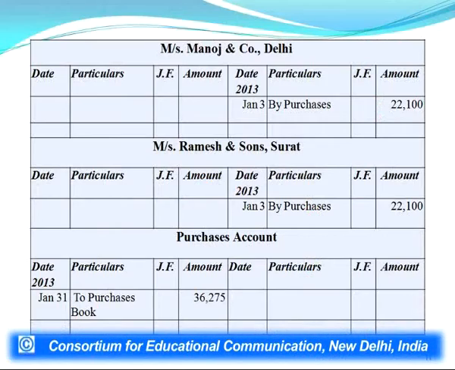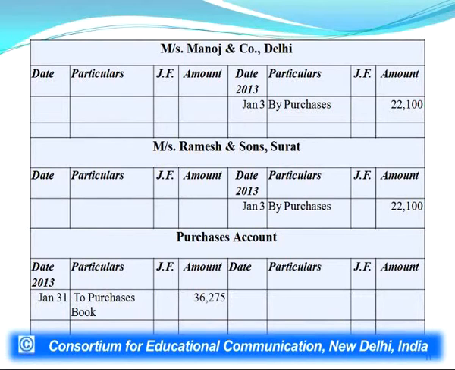So, we have to prepare here the accounts of Manoj and Company, Ramesh and Sons, and the purchases account. You see, Manoj and Company, Manoj is a supplier. So, on the credit side we have written by purchases 22,100, and Ramesh and Sons is also a supplier. So, credit the giver.